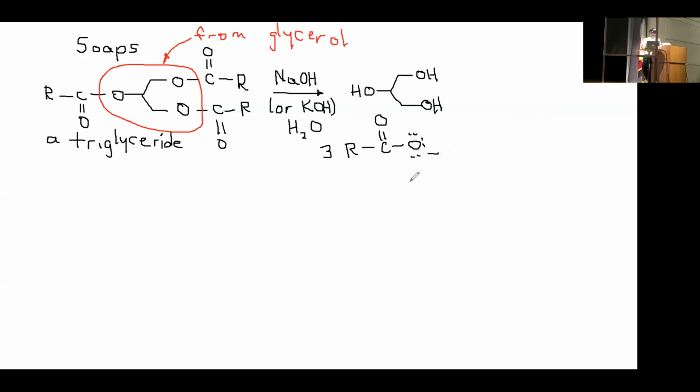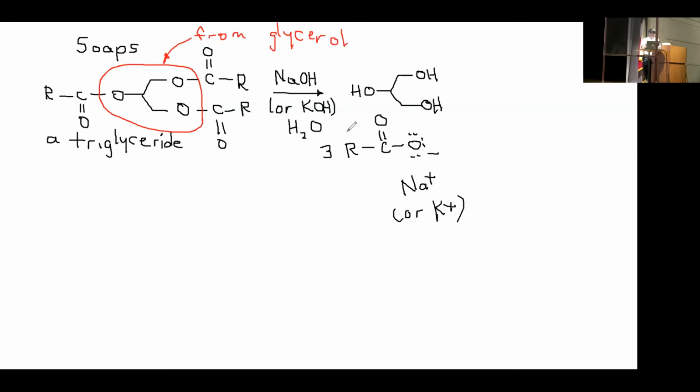And of course, along with this anion, you'll get either a sodium ion or a potassium ion, K plus, according to which hydroxide you used, whether you used sodium hydroxide or potassium hydroxide.